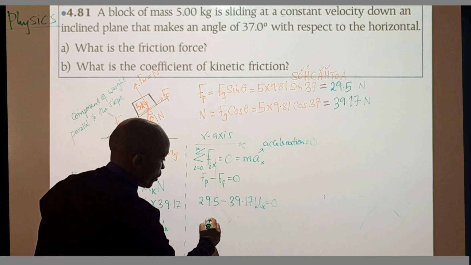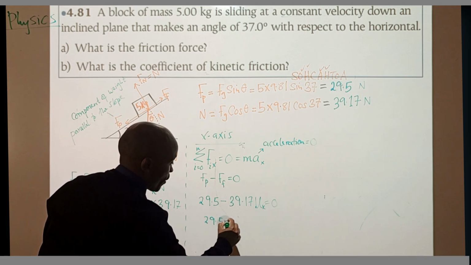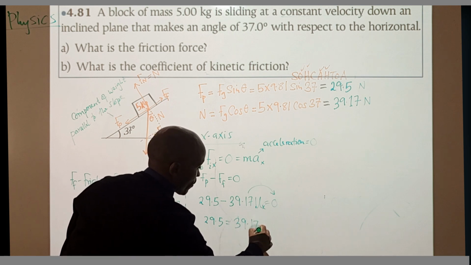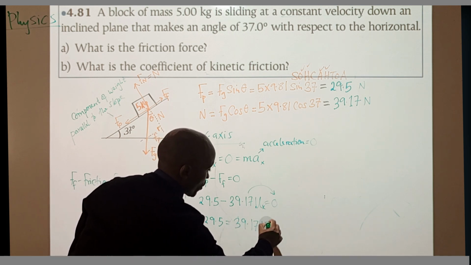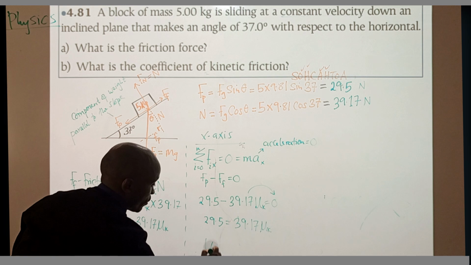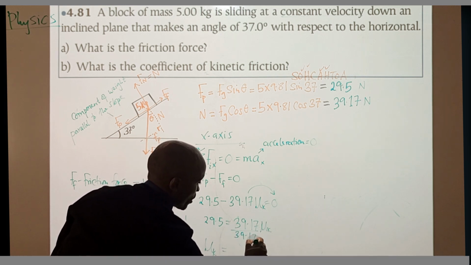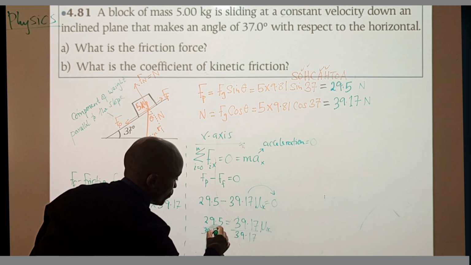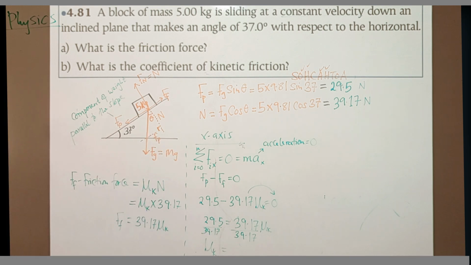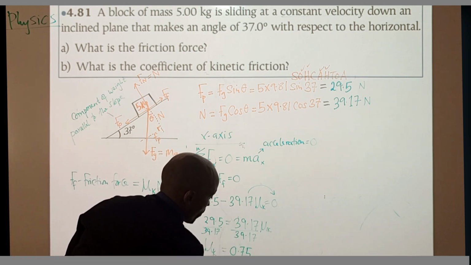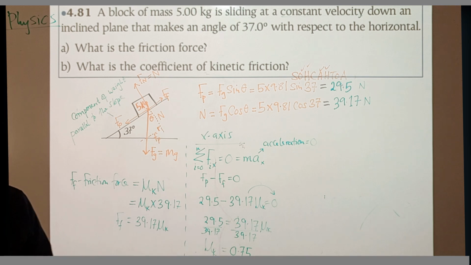So balancing the equation, you get 29.5 equals 39.17 mu k, taking this to the other side. So for mu k, you divide both sides by 39.17, and then what do you get? 0.75. Remember again, it has no units, just a constant value.